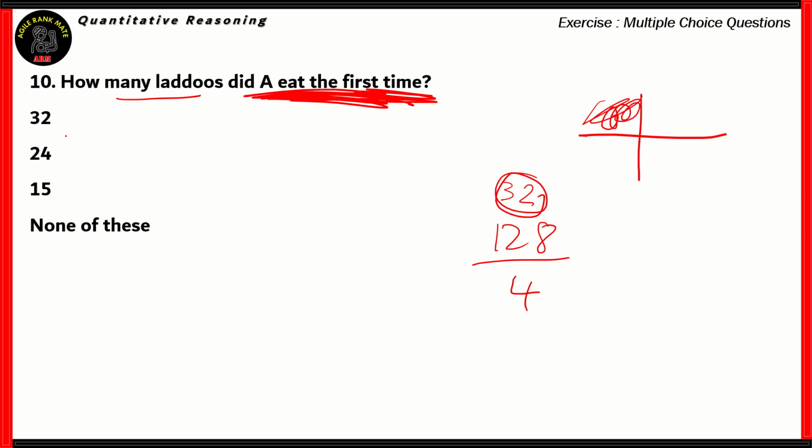So basically the answer is option A, 32. Option B, 24, was the share for A and B during the second division. Option C, 15, was the total number of laddus that C ate. And since option A is correct, option D turns out to be incorrect.